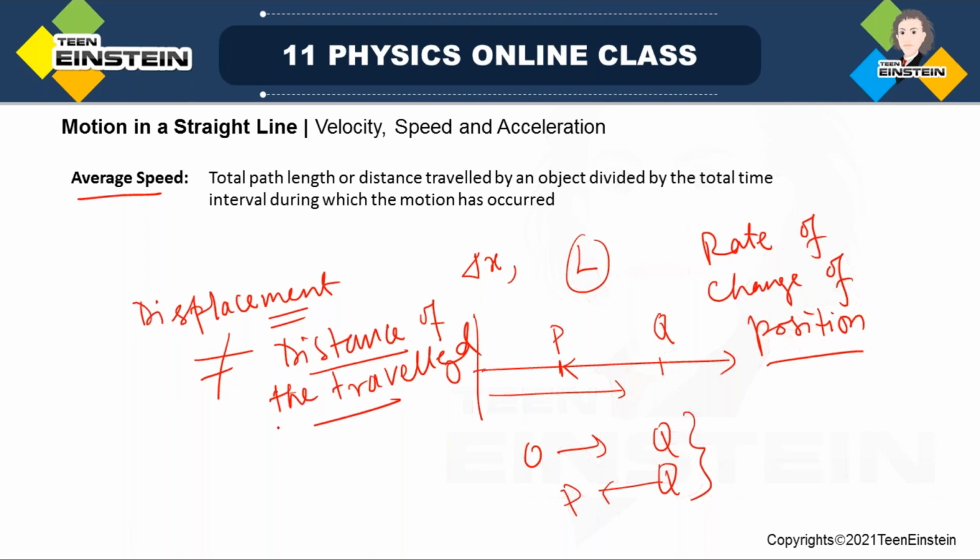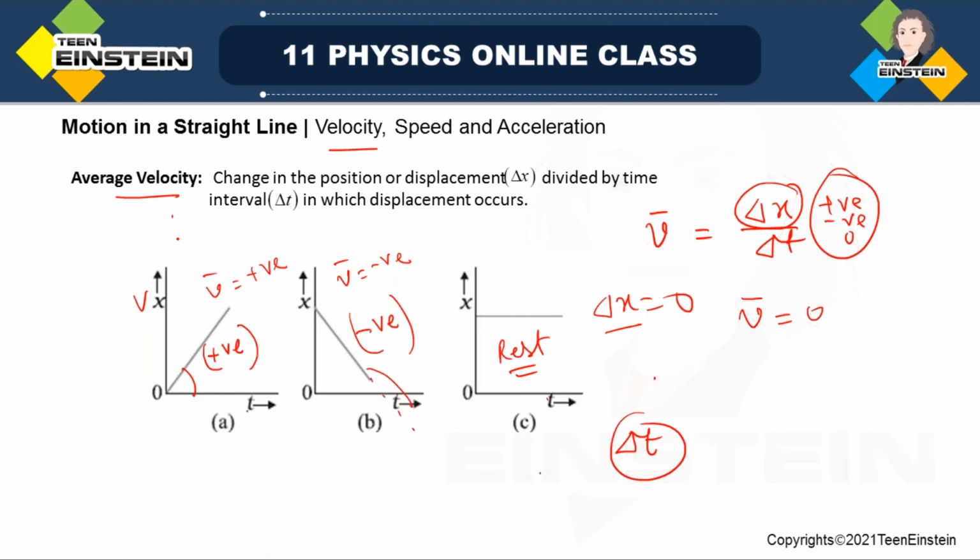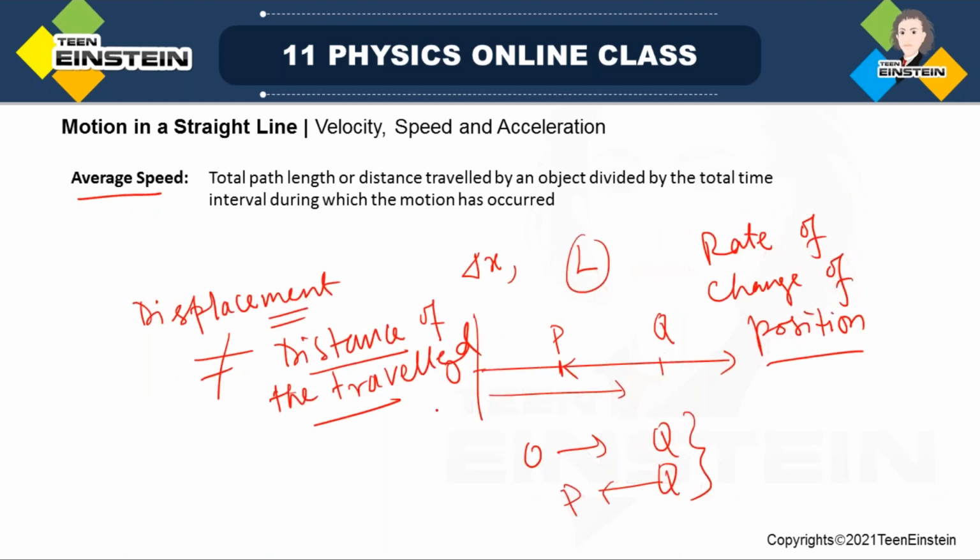That's why we had to define another quantity. In the previous slide we had discussed average velocity, which is related to displacement. But now I have got another term related to change in position, that is distance or path length.